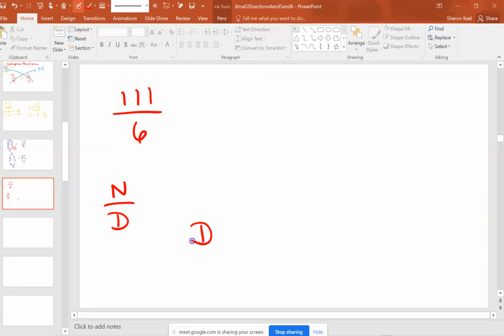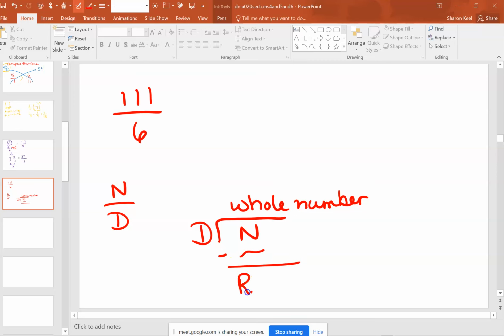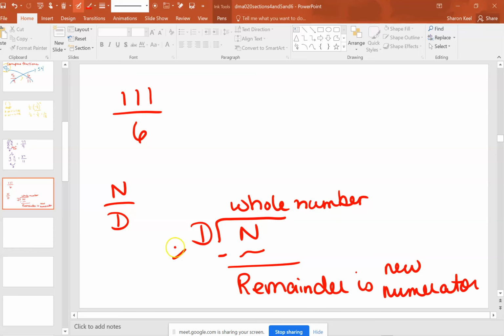We're going to take the denominator and divide it into the numerator. The answer you get on top is going to be the whole number of the mixed number. You would subtract something. Your remainder is the new numerator, and your denominator here stays the same.